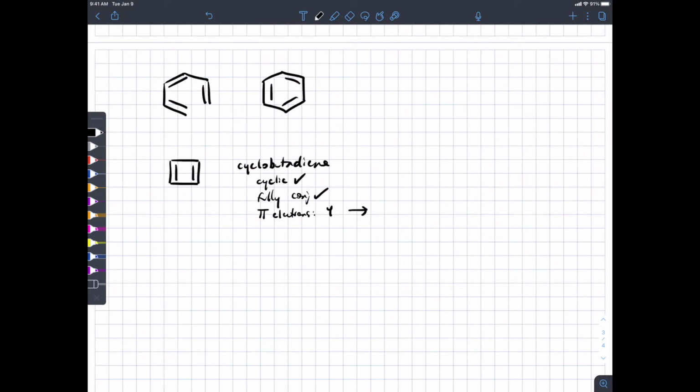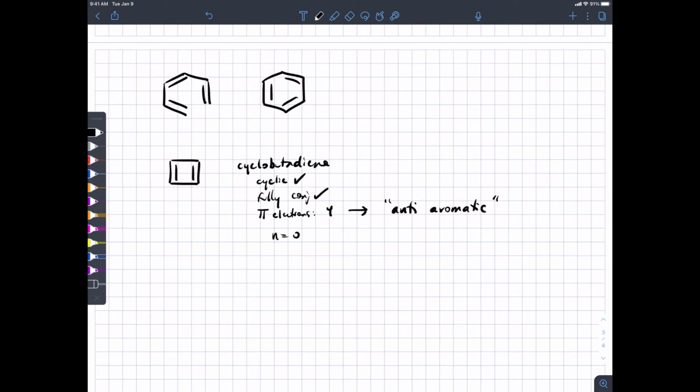So in terms of aromaticity, we put the big X on that one. And not only is this not aromatic because it has the wrong number of electrons, it's going to be called anti-aromatic.